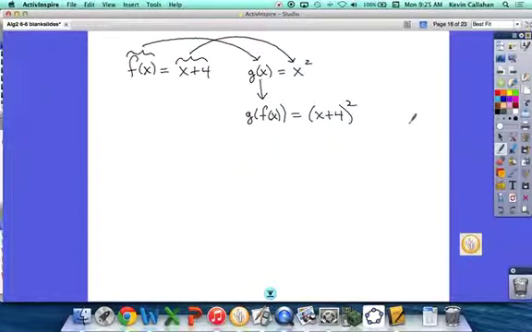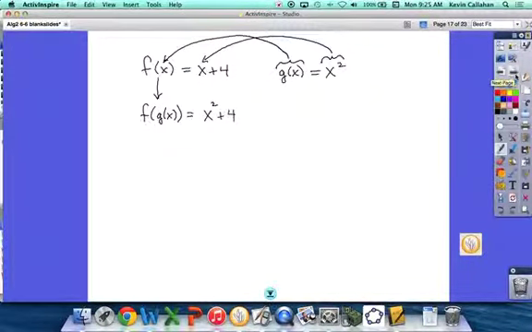Right? Now, it would look different if we went the other direction. If I put the g of x into the f of x, that means take this x squared and put it into the place of x here. And that looks like this. Does that look the same as when we did g of f of x? G of f of x was x plus 4 parentheses squared.